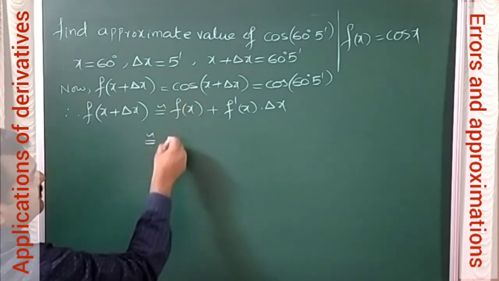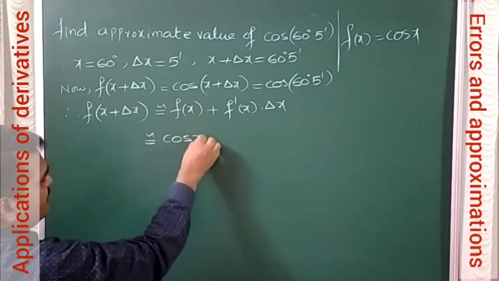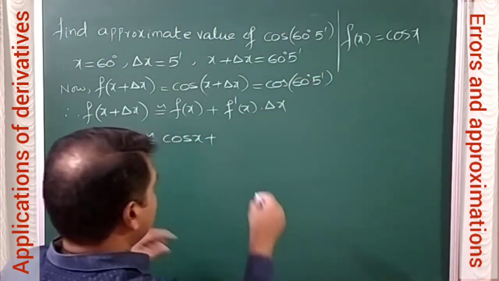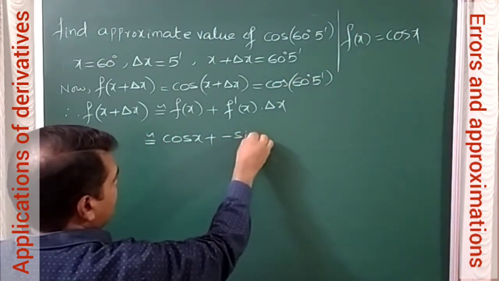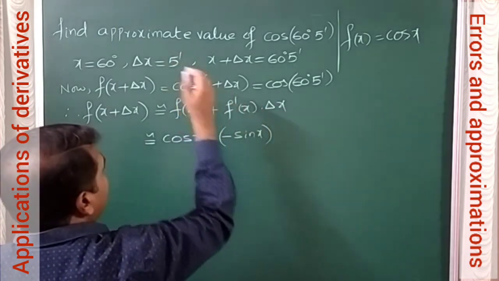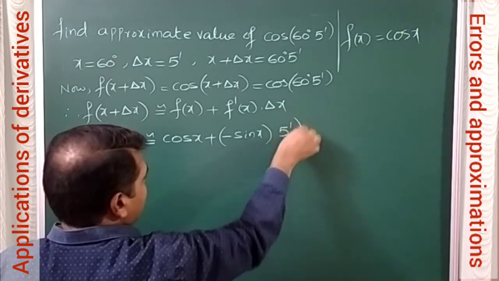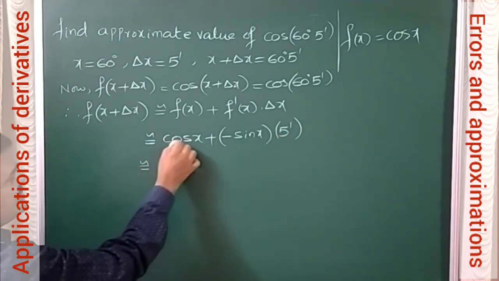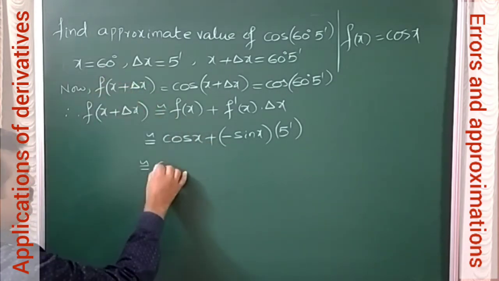Okay, so f of x means cos x, plus f dash of x, which is the derivative of cos x, which is minus sin x, delta x. We know delta x is taken as 5 minutes. Now we can substitute: cos x, x is 60 degrees, no?